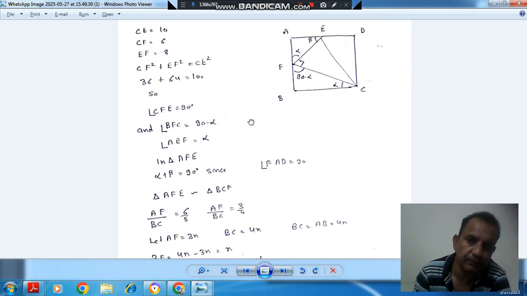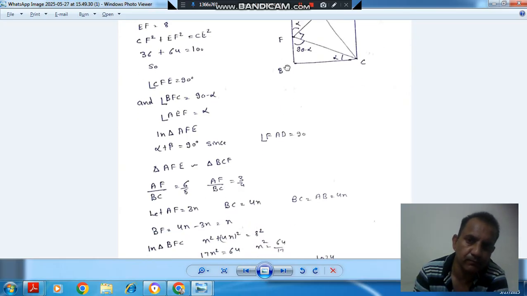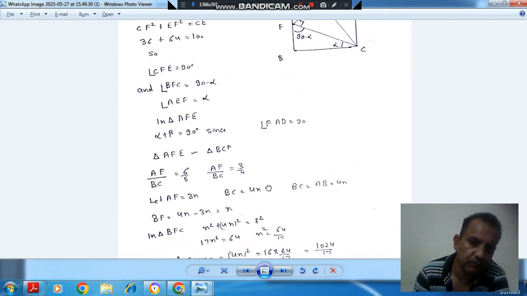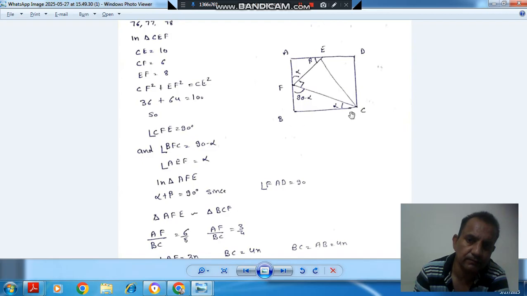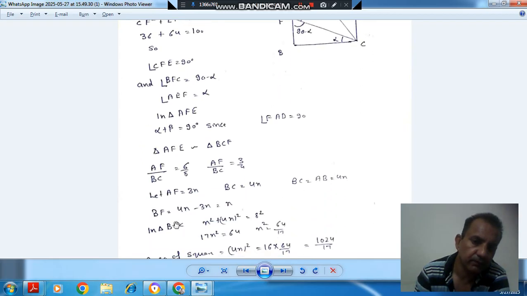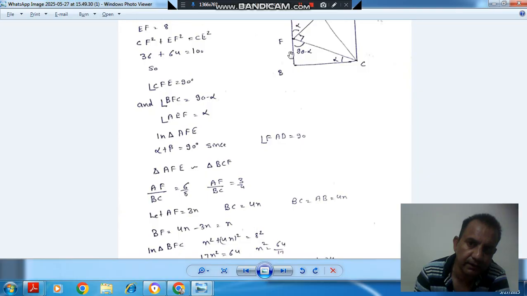Let AF be 3x, then BC will be 4x because AF by BC is 3 by 4. If BC is 4x and this is a square, AB will also be 4x. So BF will be 4x minus 3x, that is x.